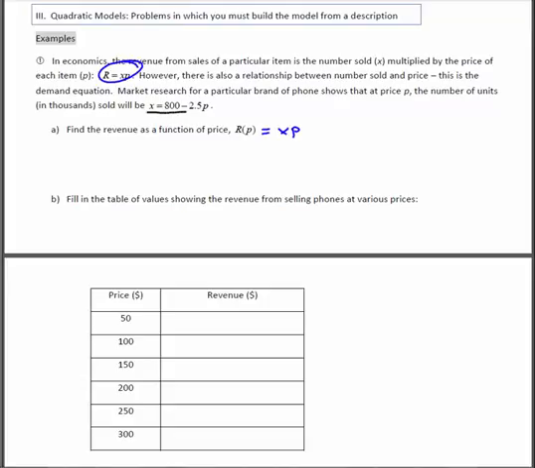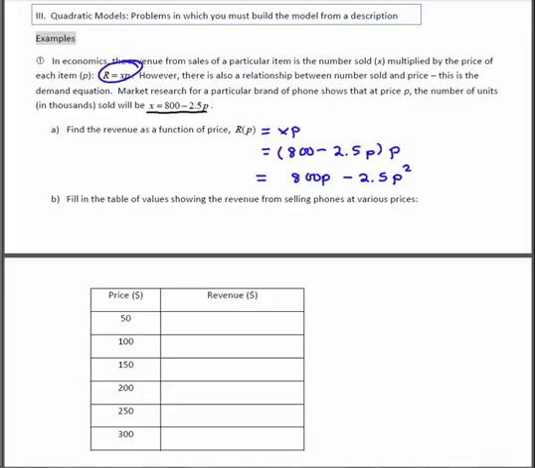And I also know X is 800 minus 2.5P. So I'll replace the X with 800 minus 2.5P. And then distributing is going to give me 800P minus 2.5P squared.